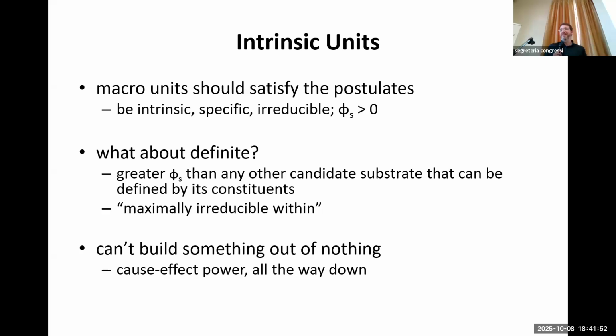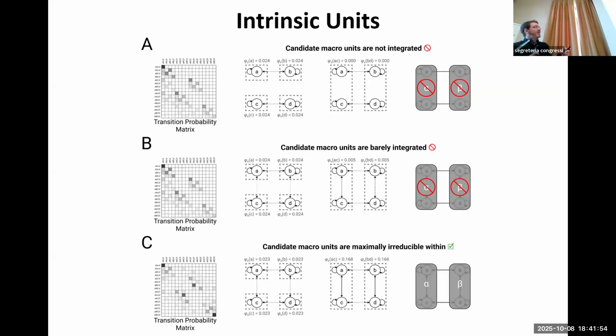Okay, I agree. So here's a little play-out of what this might look like, a schematic figure. Let's say we want to make these macro units. In this case, they are not integrated. There's no connection going from A to C. Because they're not integrated, they don't have phi, so if I treat them as a system, they can't be macro units. Next, here they are integrated, but they're not maximally irreducible within.